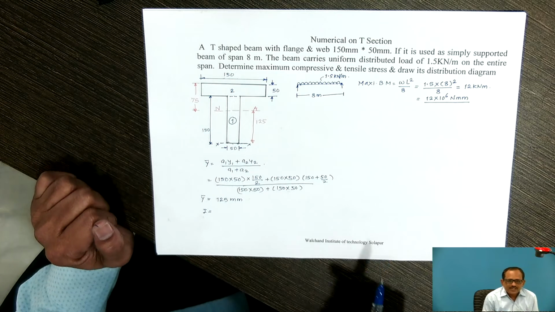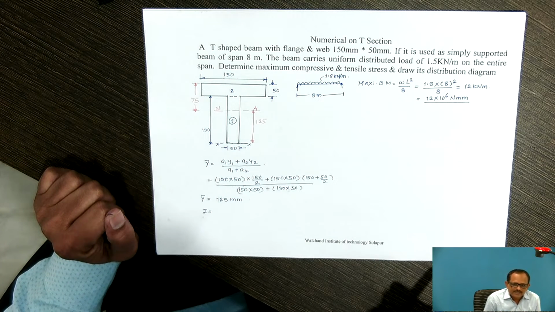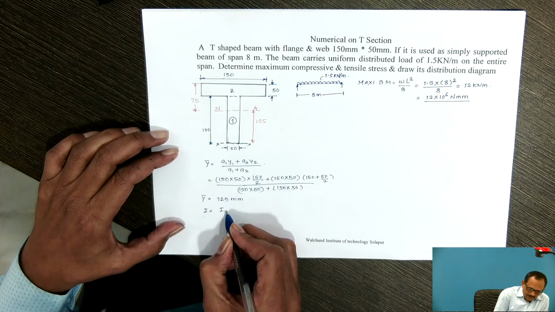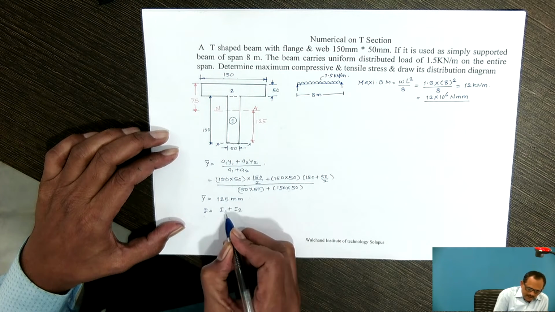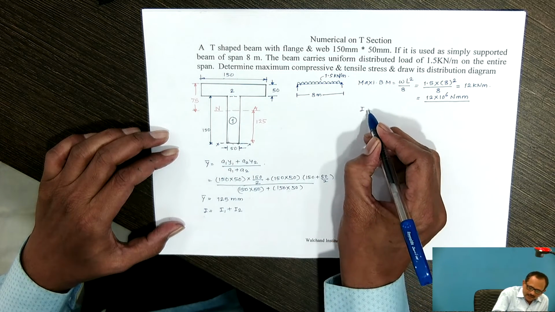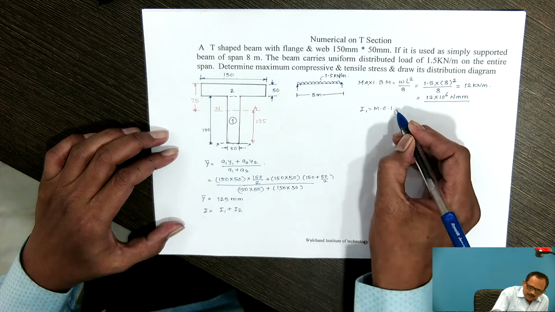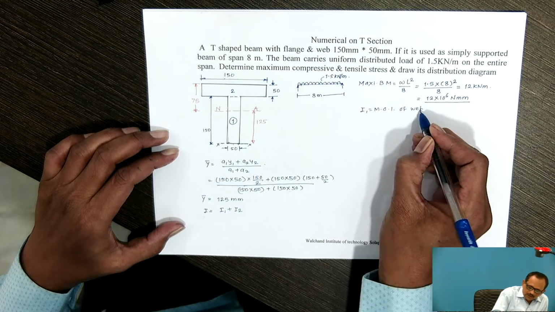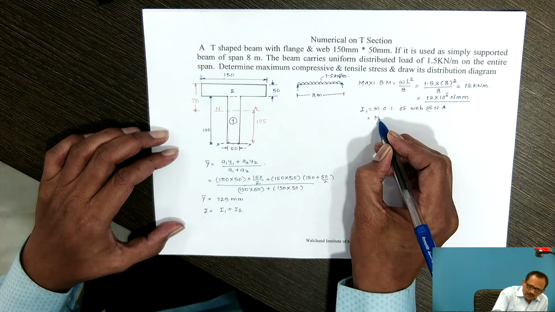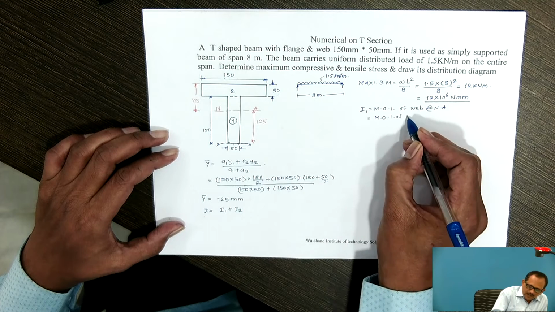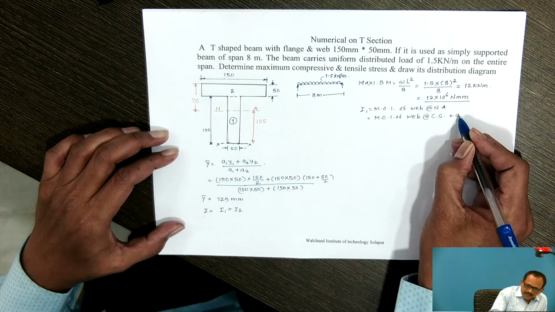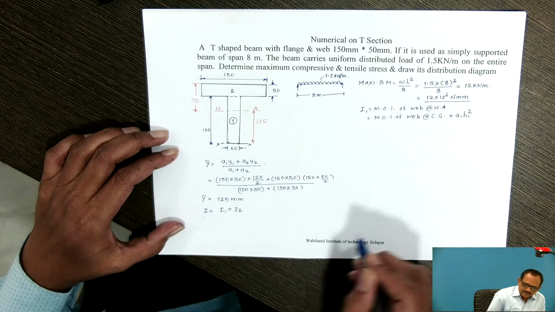As the section is not symmetrical about the neutral axis, the moment of inertia I will be equal to I1 plus I2, where I1 is the moment of inertia of web about the neutral axis, which is equal to moment of inertia of web about its own CG plus A1 into H1 square.